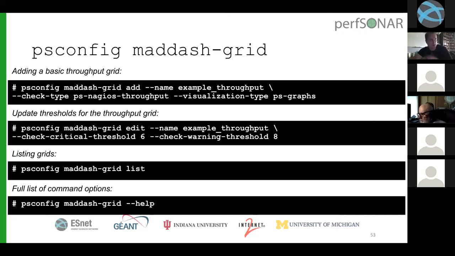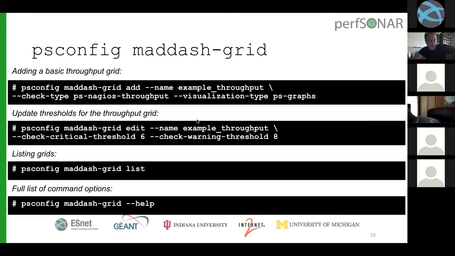We were still selecting by name because you can, and it was just the converted version of what we had previously in MeshConfig. But in PSConfig, we have a bunch of new, more advanced selector options that aren't shown here, where you can say, any throughput test I see that has the UDP parameter set to true, use this set of thresholds. So now if we change our grid names, we will still get that threshold, or if we add a new UDP grid, we'll get that threshold. And again, this is all documented, and there are lots of options here for how you do grids.